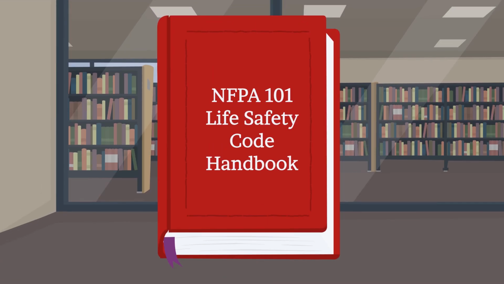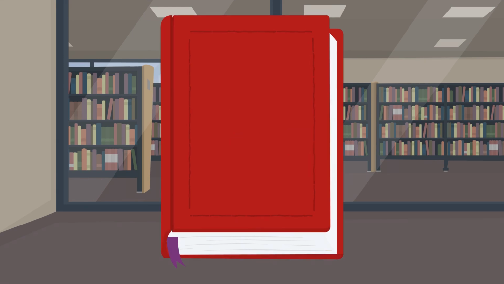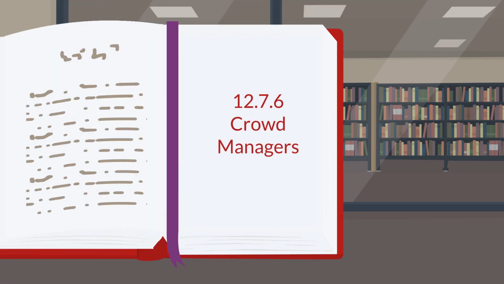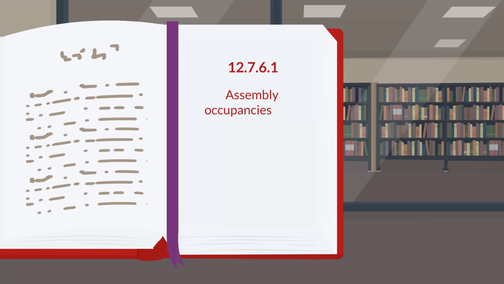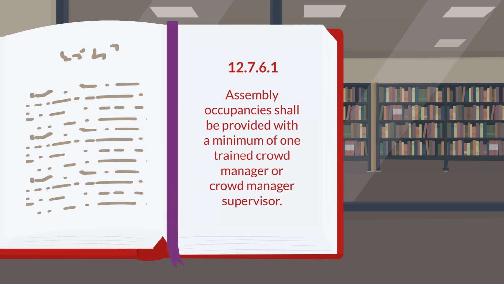According to the NFPA 101 Life Safety Code Handbook, 12.7.6 Crowd Managers, Code 12.7.6.1 states, assembly occupancy shall be provided with a minimum of one trained crowd manager or crowd manager supervisor.